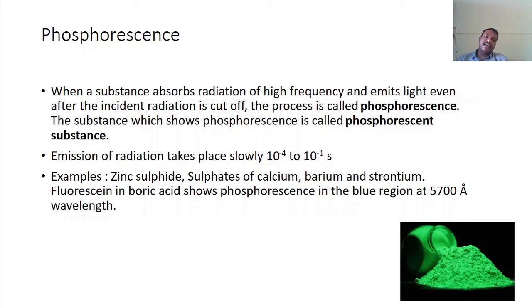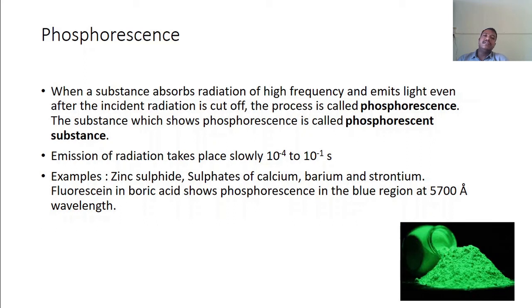In fluorescence, the material re-emits light instantaneously and it stops at once when the source is removed, whereas phosphorescent substances glow even after the source of light is removed.